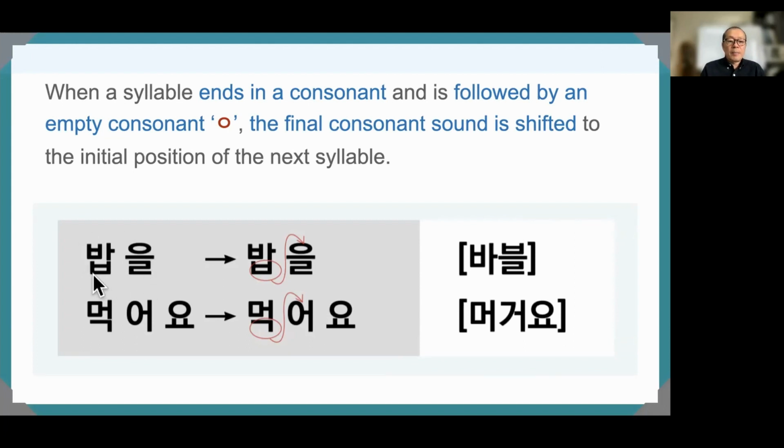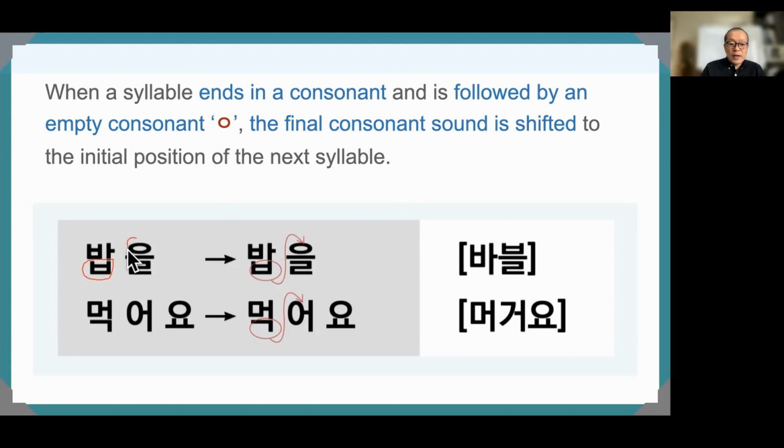This is 밥을, right? This syllable 밥 ends in a consonant, and is followed by an empty consonant.